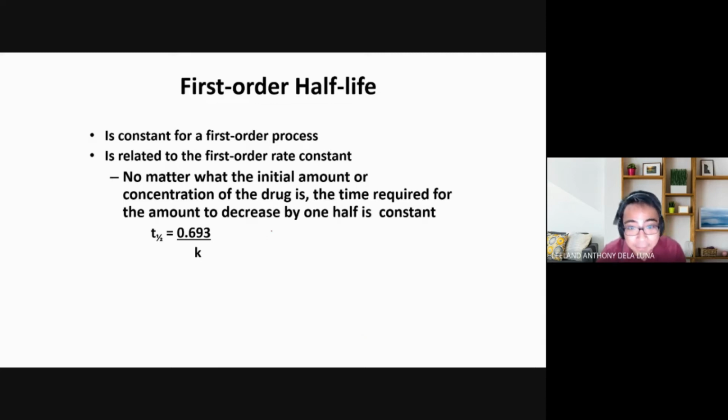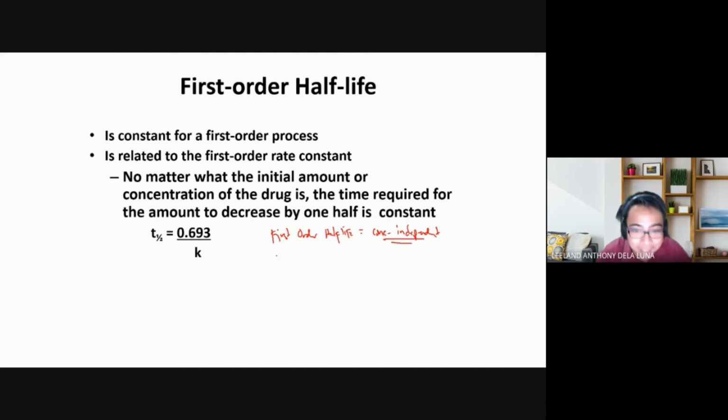So meaning, class, a first order half-life is concentration independent. Kasi the first order half-life will always remain the same.